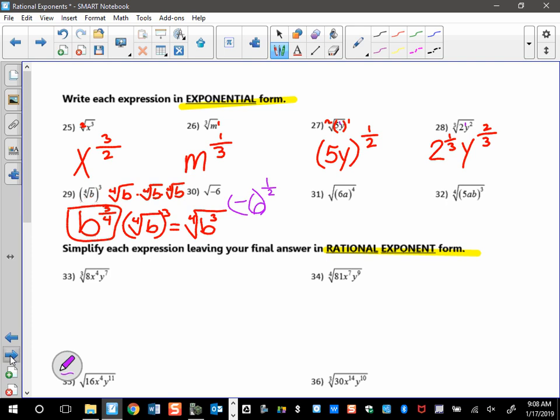How about 31? If I just want to, like, straightforward, so 6a to the 4th, into groups of what? 2. Can I divide 4 and 2?